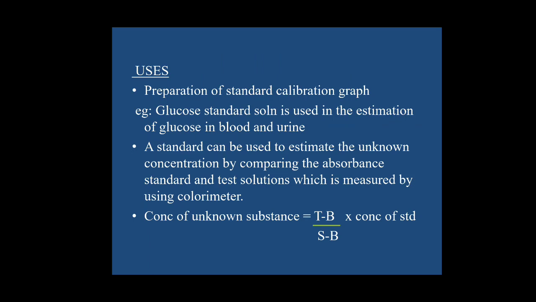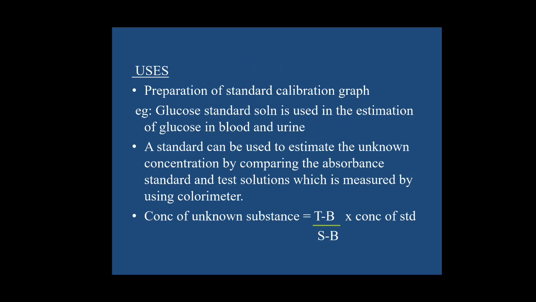The important uses are preparation of a standard calibration graph. In quantitative experiments, especially for preparing a standard graph, we require this standard. It is also used to estimate unknown concentration, the concentration of an unknown sample or solution.